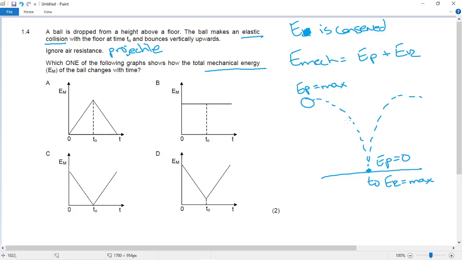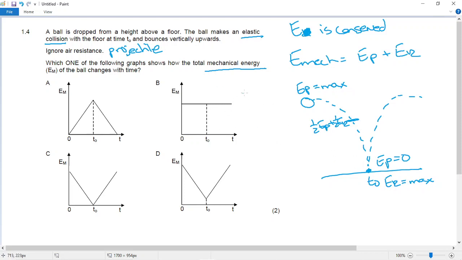And if we look at the ball somewhere halfway through its flight, it's sort of half potential energy and half kinetic energy. But the point is that at any stage, if we add these two together, they will be constant, especially if there is an elastic collision.